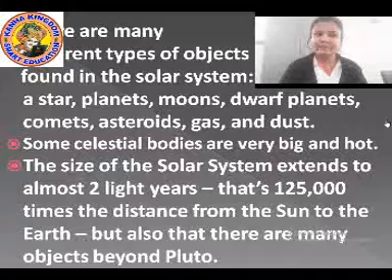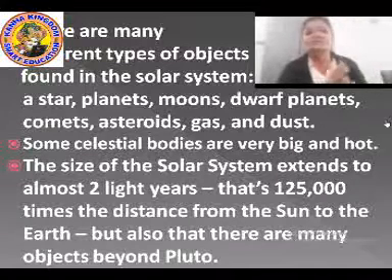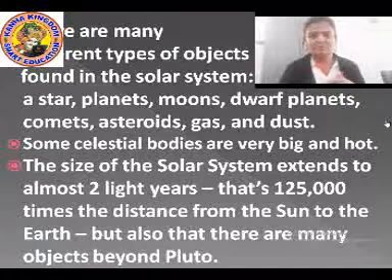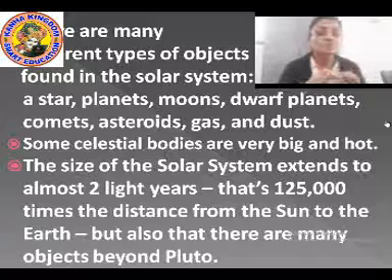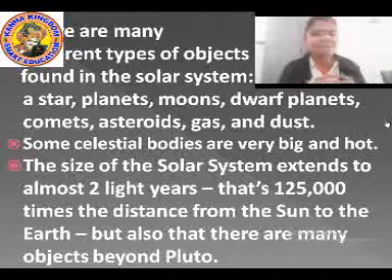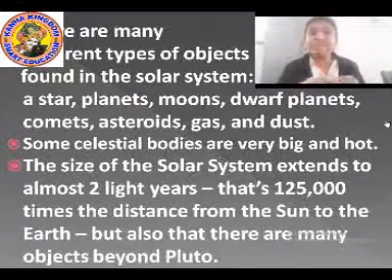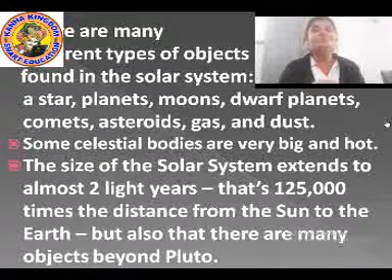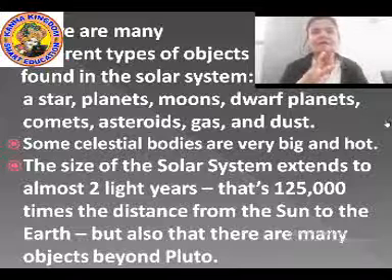Okay? Now, you all must know about the solar system as you have learnt it in your earlier classes. But have you ever known the size of this solar system? The size of the solar system extends to almost 2 light years. What is 2 light years? How would you count that?